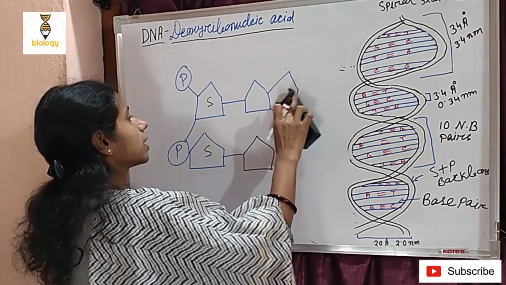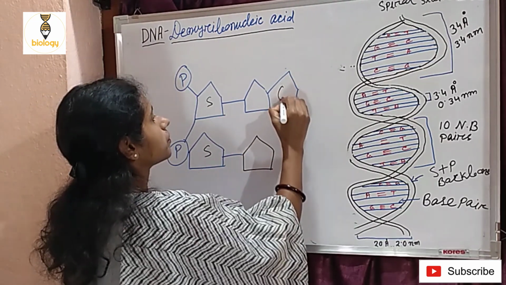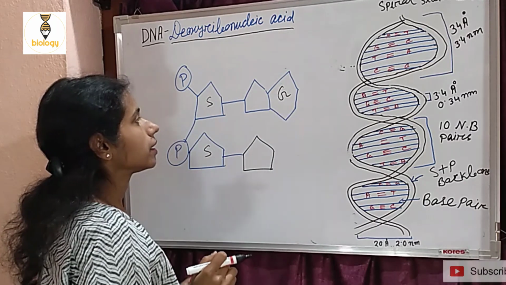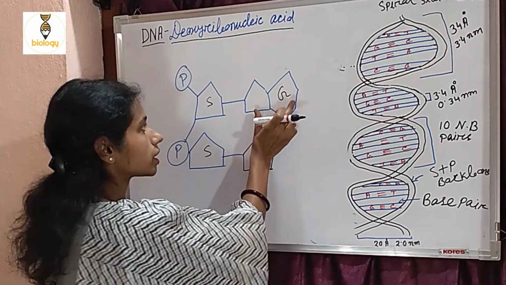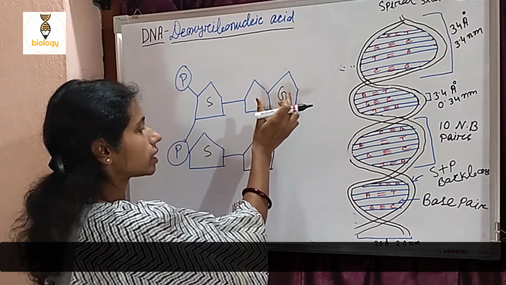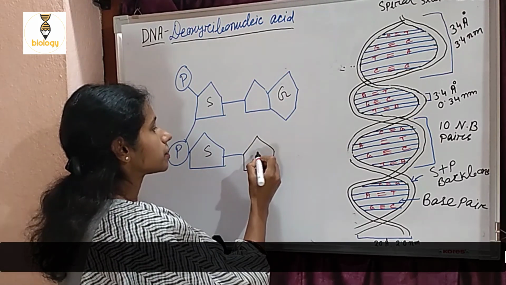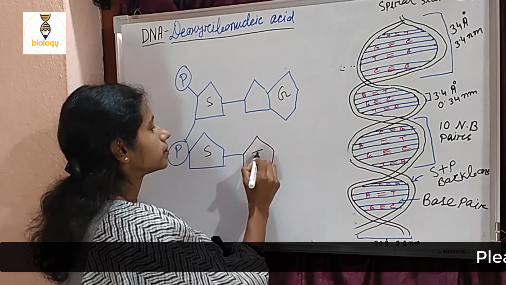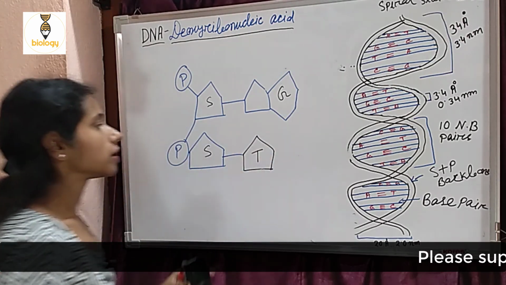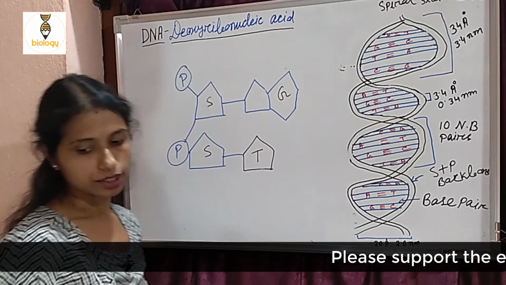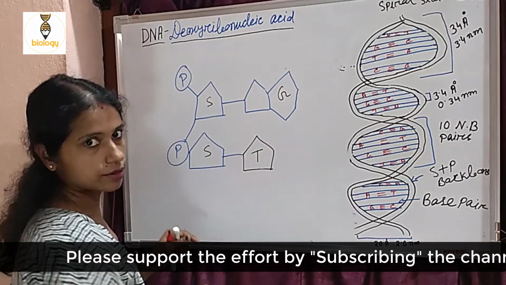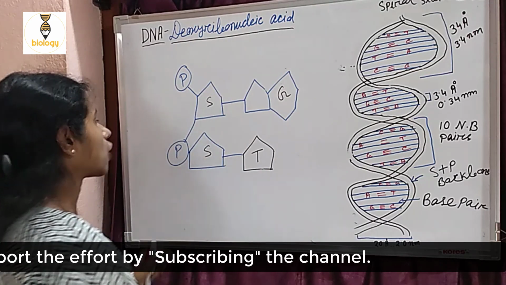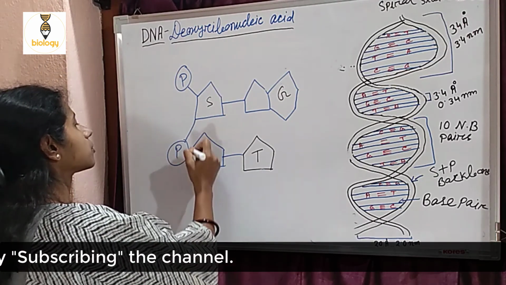As I said, guanine and adenine have 2 rings. Okay, in guanine you can see 2 rings are there, but here it is thymine. Thymine has 1 ring only. This is one nucleotide and this is another nucleotide. These nucleotides are joined with the phosphate.